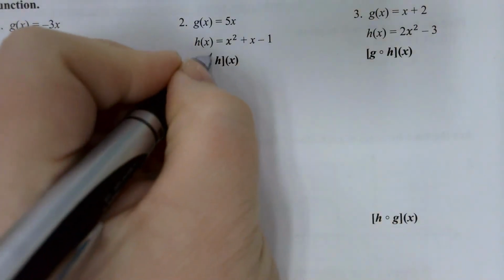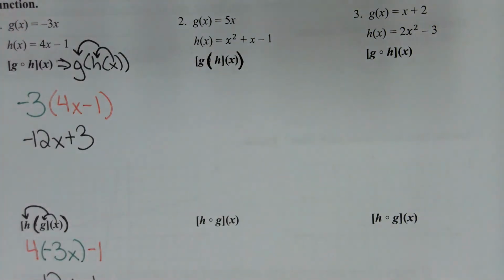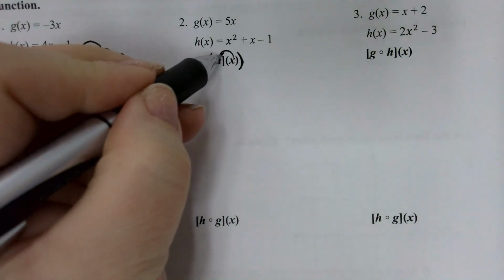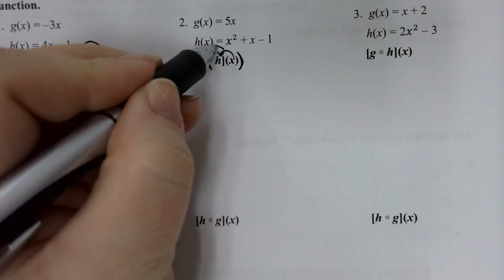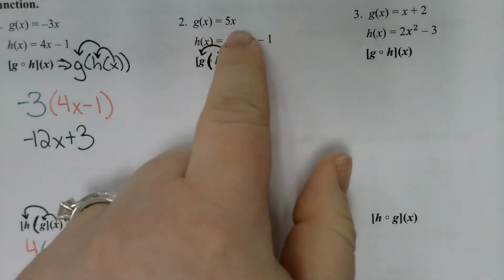So again, we can change this notation if you'd like. I'll keep the bottom one the same so you can get some practice using both. But since x is already the variable that's been used, we're taking h and putting it into g. So we are taking x squared plus x minus 1, and we're replacing x.